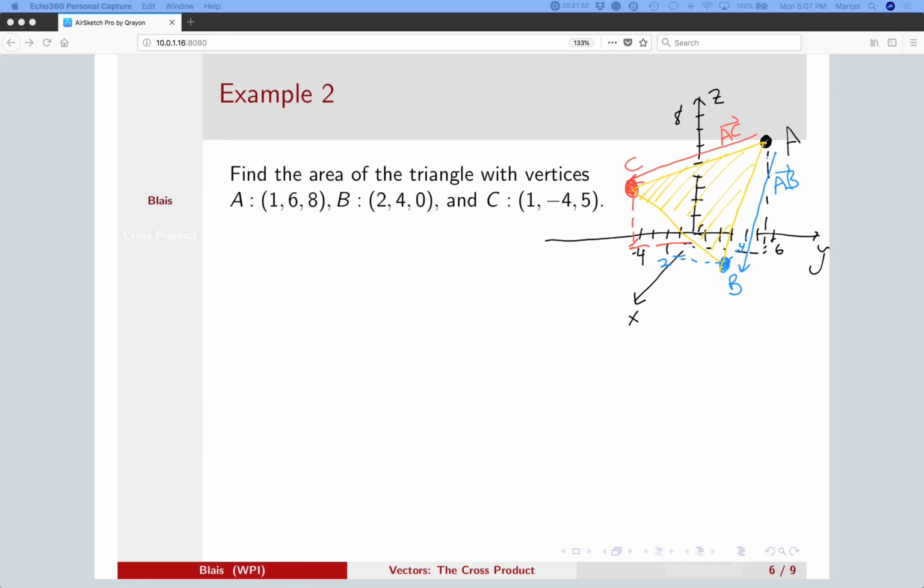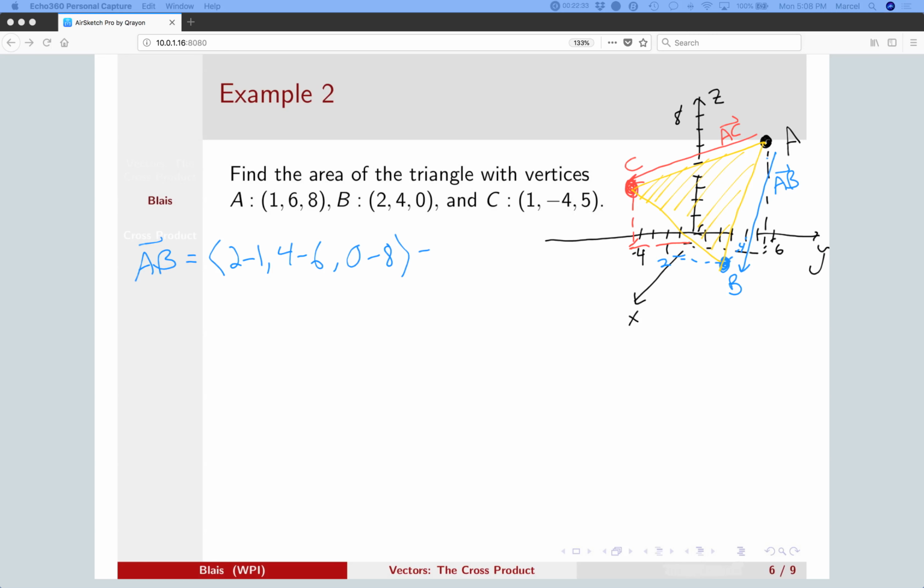So let's form our vectors first. Remember, the way we do this, the vector from A to B, we take the coordinates of B and then subtract the respective coordinates from A. So we'll go 2 minus 1, 4 minus 6, and 0 minus 8. Again, take the second coordinate from B, 4, subtract the second coordinate from A, 6. Take the third coordinate from B, 0, subtract the third coordinate from A, 8.